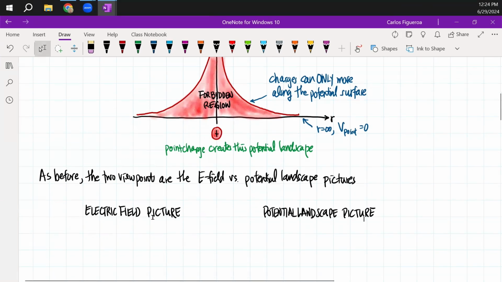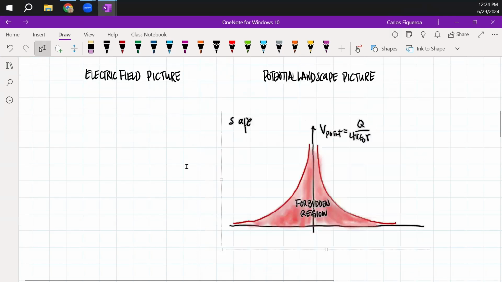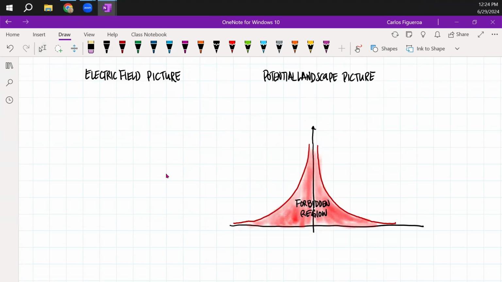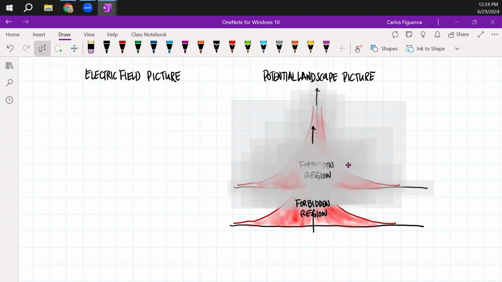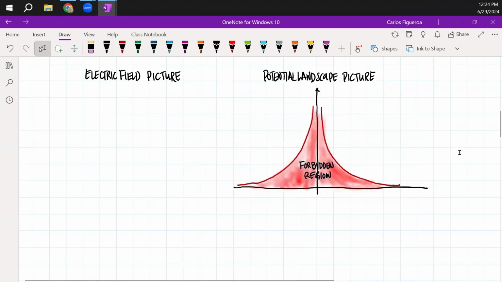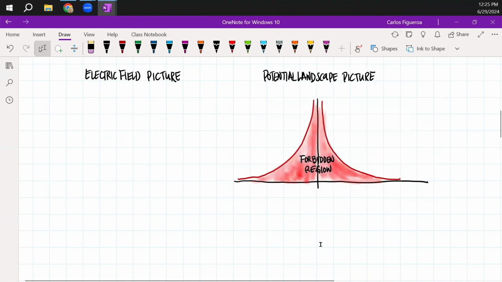So what I'm going to do is plot this field that we have right here, and then clean this up. I'm going to drop this potential function, even though we know it's there. This will tell me about how to do the sizing here. Okay, so what I want to do is first start off with the electric field picture, because I think that makes the most sense.